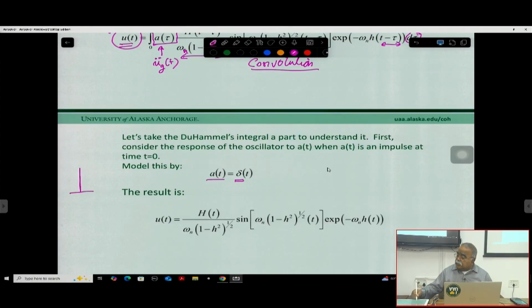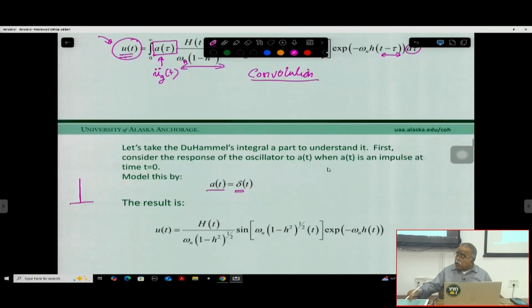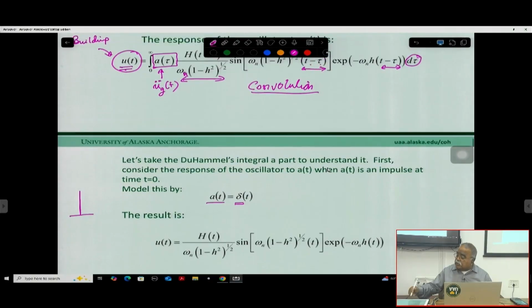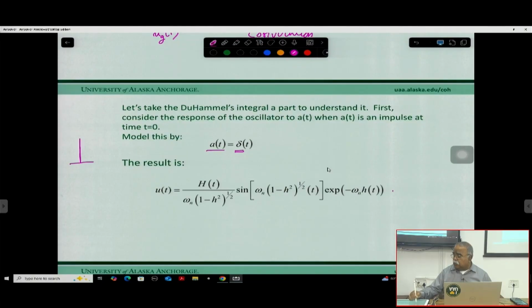Then the result will be that u(t), where a(t) is only delta(t), will be equal to h(t) times this part times sine omega t times all these numbers, right? So that's your unit impulse. This will be the response, and that is the building response, right?